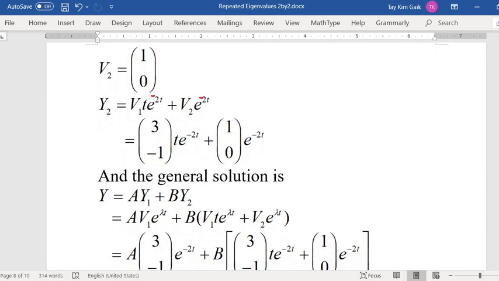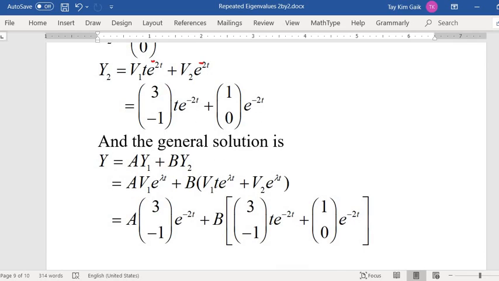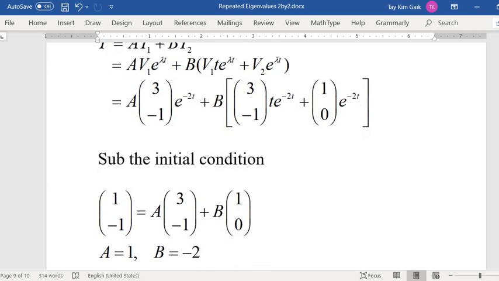Hence the general solution we have is A y1 plus B y2, where y2 is v1 t exponent lambda t plus v2 exponent lambda t. So put in v1 and the lambda value. This is a general solution. Substitute the initial condition: when t is 0, y1 equals 1 and y2 equals negative 1.